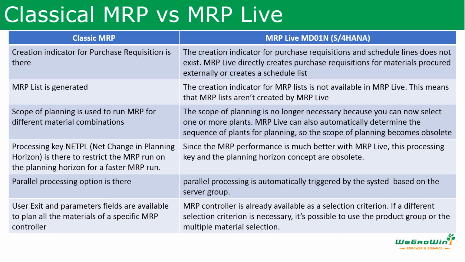Now parallel processing is automatically triggered by the system based on the server group. That option is not selected; the system is taking care. Also in classic MRP, there was an option to give user exits and parameters to plan the material with a specific MRP controller. But in MRP Live, we have a selection parameter itself for the MRP controller, and other options are there too. So there is no need of having this user exit.